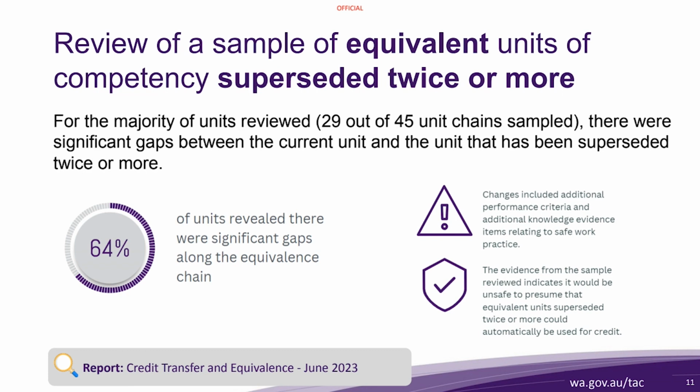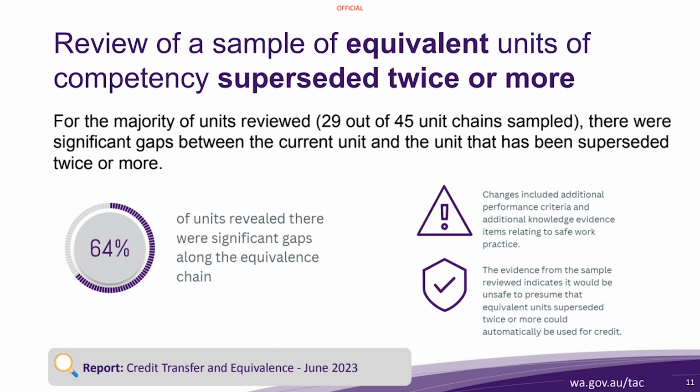One would not be surprised to see new technology as a significant shift, but also new work practices and safety requirements and safety management of a safe working environment were significant differences between the old units and the new units.